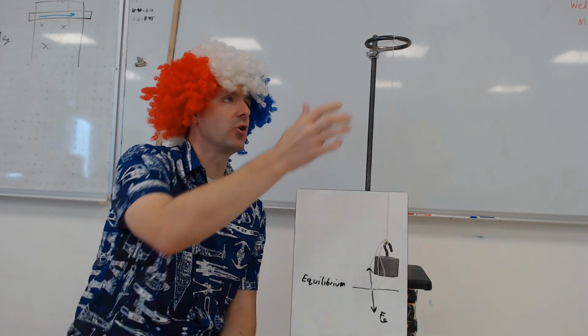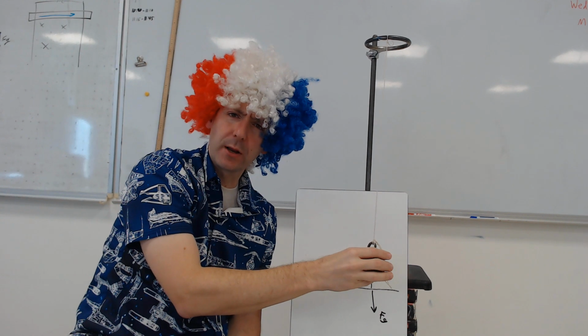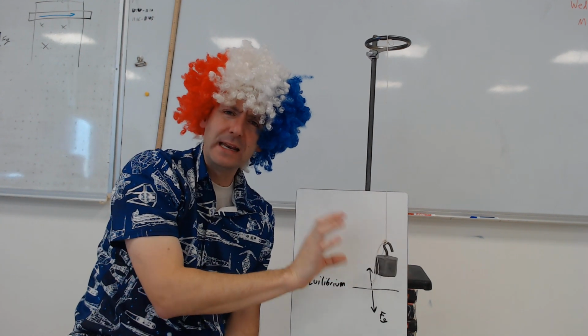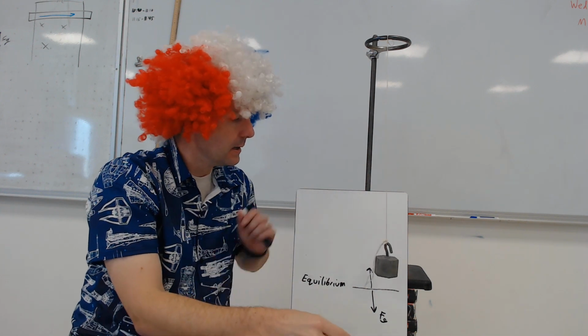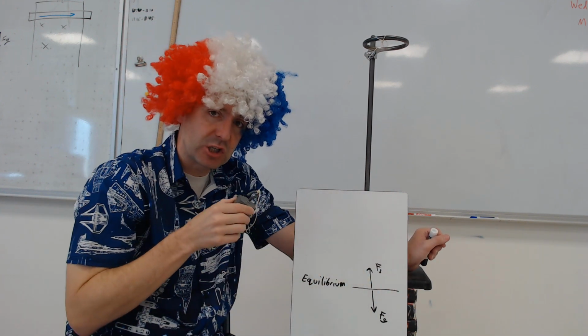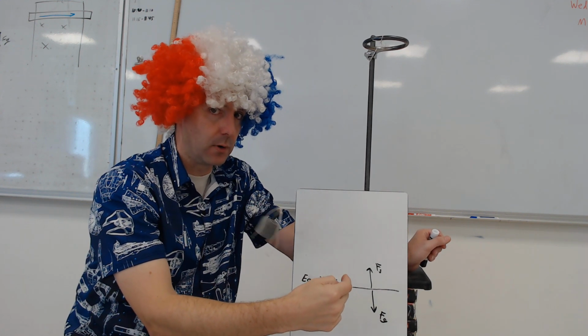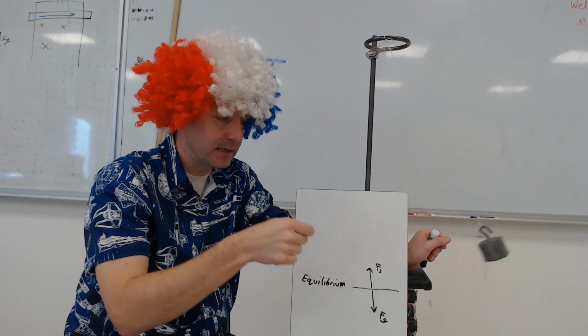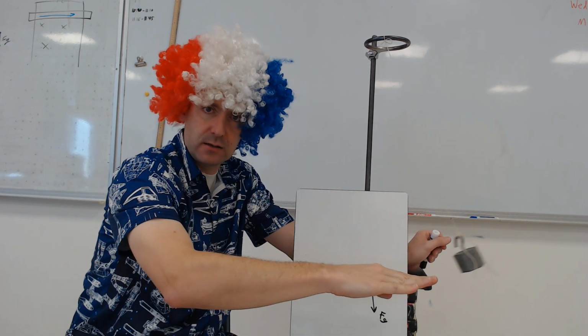So now we're actually going to swing it as a pendulum. This is kind of an equilibrium point, right? At this point right now, it is an equilibrium, right? The force of the tension is equal to the force of gravity. Now, one thing to recognize, once I start swinging it, that's technically not an equilibrium point anymore, right? It's technically not an equilibrium because as it moves through there, it doesn't stay at that height.